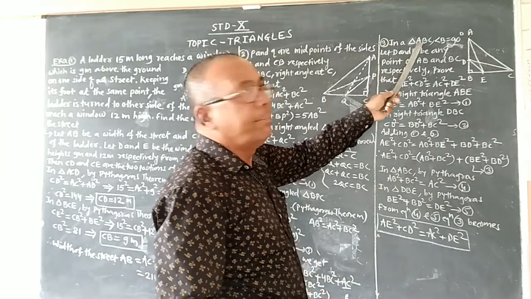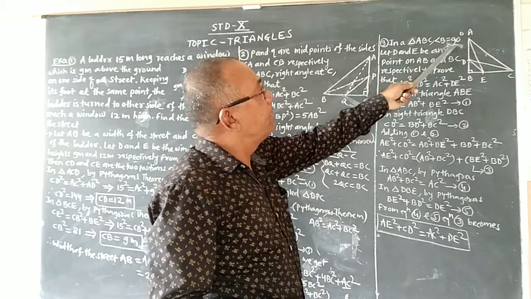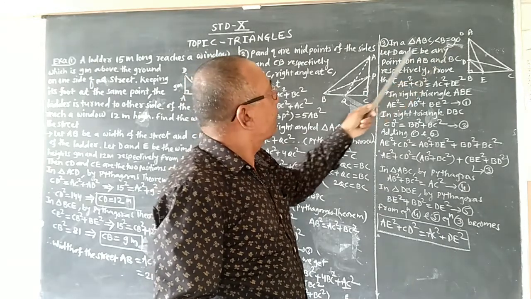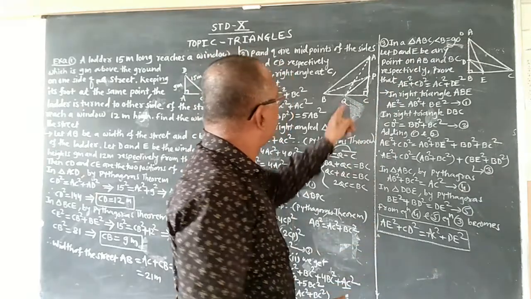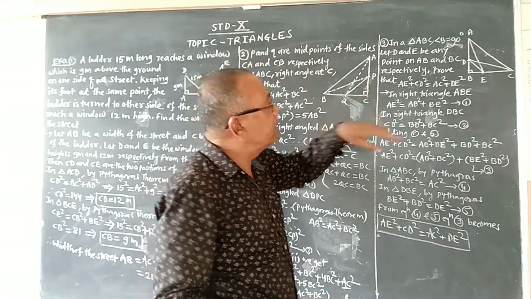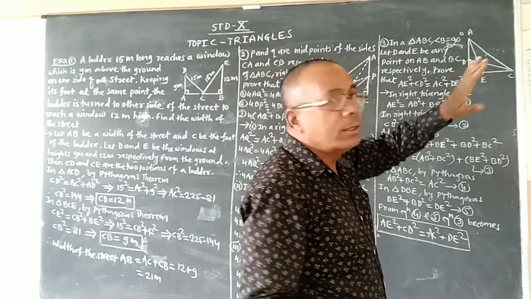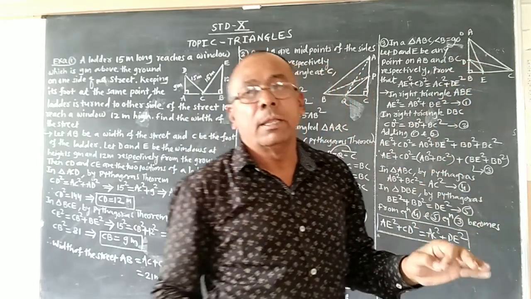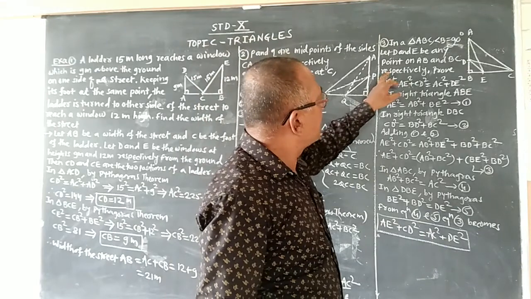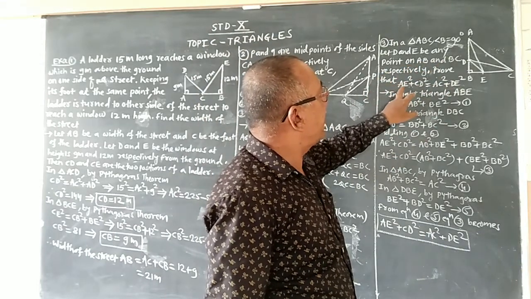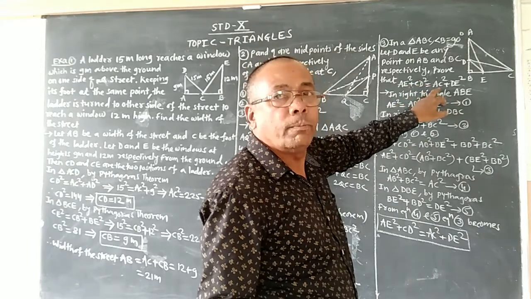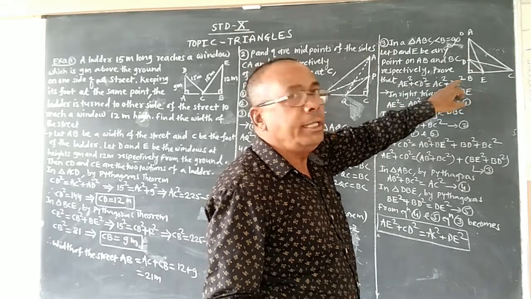Here in a triangle ABC, angle B is equal to 90 degrees. Let D and E be any points. Here P and Q are midpoints, but here D and E are not the midpoints. They are any points respectively on AB and BC. Then prove that AE square plus CD square is equal to AC square plus DE square.